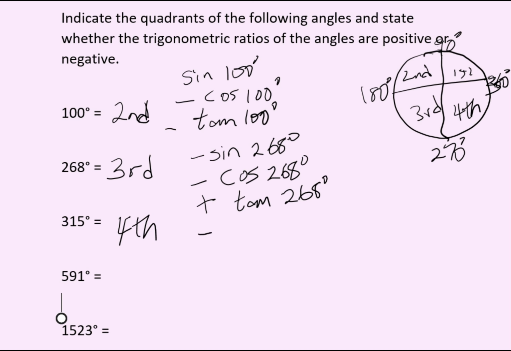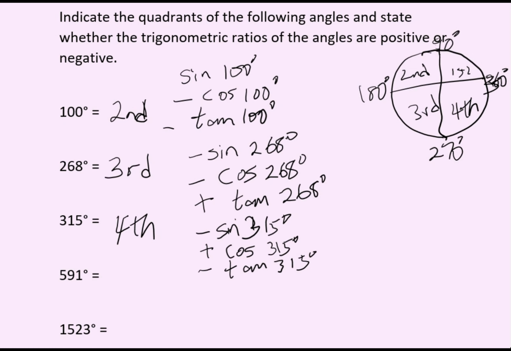So that is minus sine 315 degrees, plus cos 315 degrees, and minus tan 315 degrees. Those are the trigonometric ratios for 315 degrees.